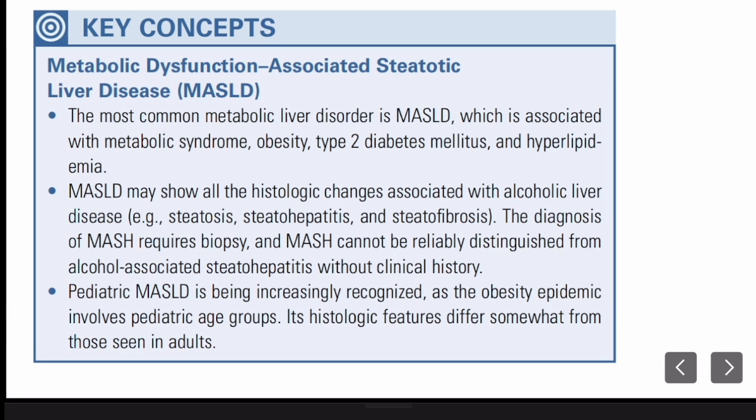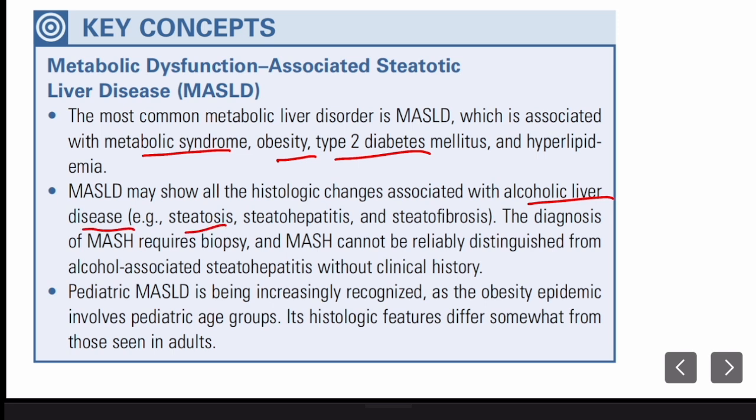So these are the key concepts I have taken from Robbins. MASLD is associated with metabolic syndrome, obesity, type 2 diabetes mellitus, hyperlipidemia. So the patient should have one of the 5 cardiometabolic risk factors to have a diagnosis of MASLD. And MASLD shows histologic changes which are similar to those of alcoholic liver disease.